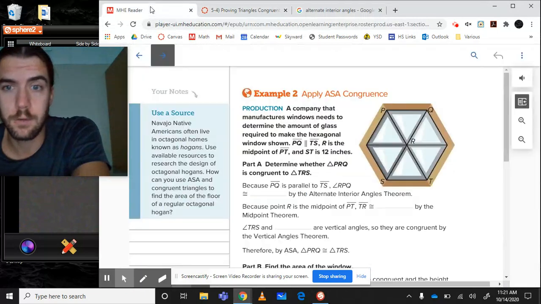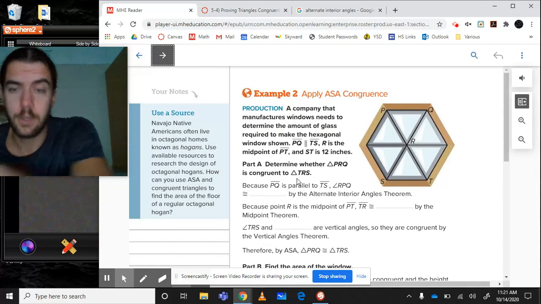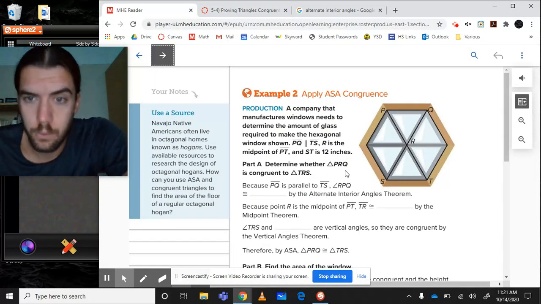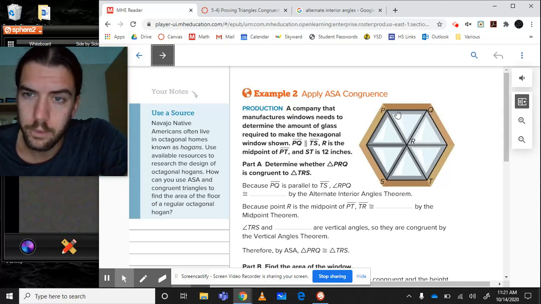Okay, so let's see what we have to do to use that. So which one are they talking about? RPQ. RPQ, so this angle, well, the alternate interior angle would be across this line down here. So it would be RTS.